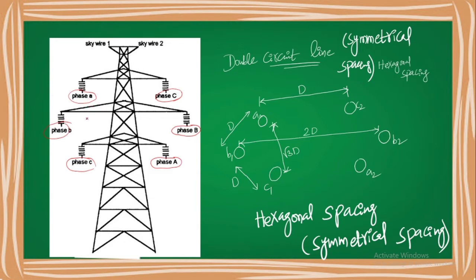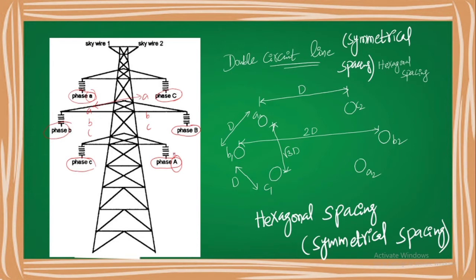You can place A, B, C like this, and you can also place A, B, C here. In that case, the distance between two conductors of the same phase will be of a lesser value, right? When you place one conductor of A here and another conductor of A there, you will have a larger distance, right?